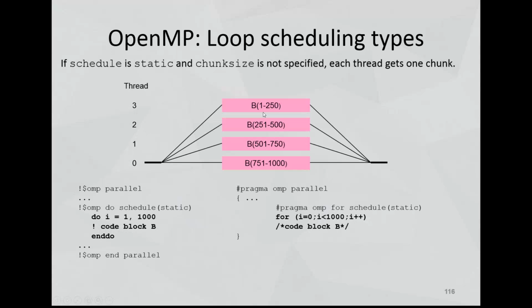Now scheduling types. Here we see static with chunk size not being specified, so one chunk goes off to each thread. In this case we're doing a for loop from 0 to 1,000, and we've split everything up. So instead of doing 1,000 sequential operations, we have 250 sequential operations.